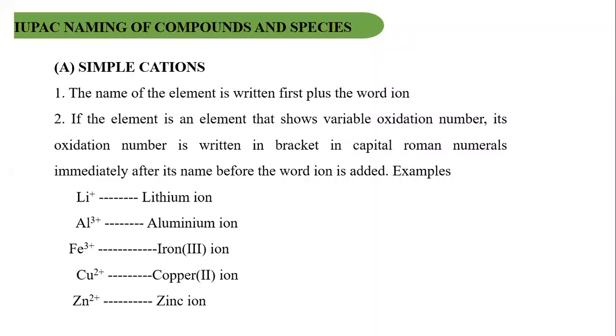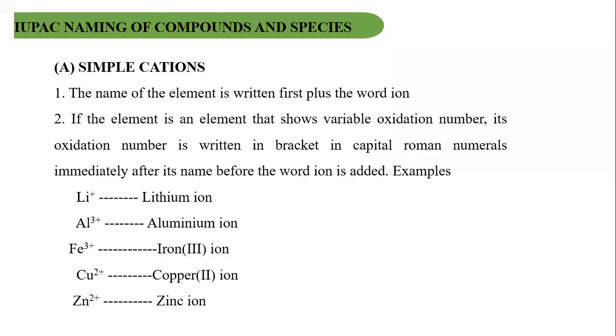In fact, a lot of the elements that show variable oxidation state are elements we call transition metals. If you take the periodic table, they are a group of elements located at the center of the periodic table, between the metals to the left and the non-metals to the right.